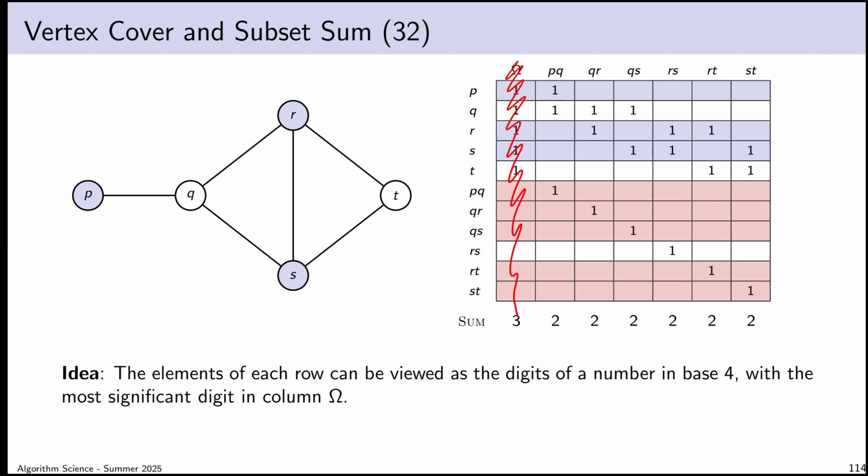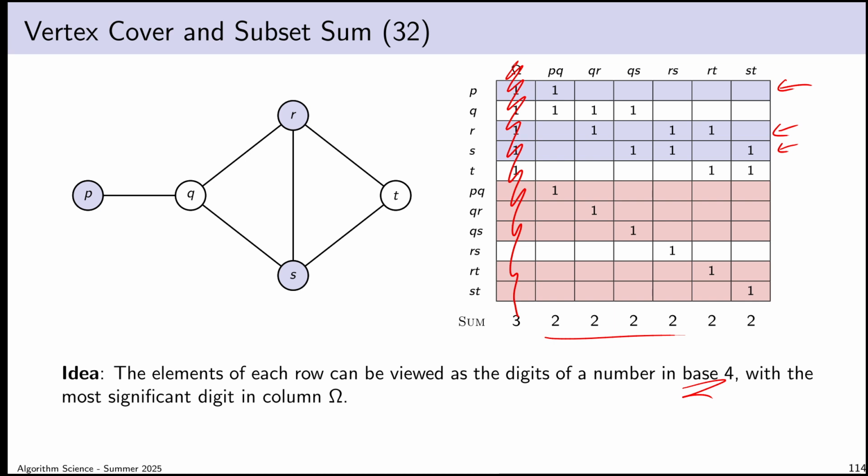I could view the elements of each row of the matrix, not just the sum itself, as the digits of a number in base 4. Now the trick here, why are we using base 4? If I think about the way a number in base 4 works, each digit will either be 0, 1, 2, or 3.